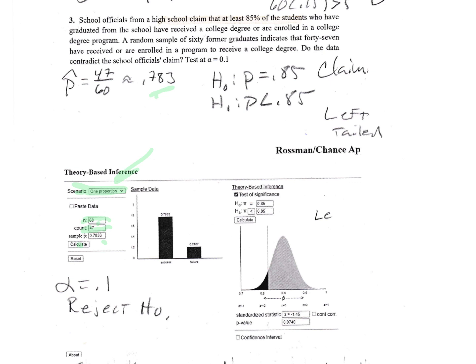Of course, we knew that. And then we set in the hypotheses that you set up, and then make sure it's left. And there's our test statistic. There's our p-value. They're saying test at the 10% level of significance, which is huge. So we're going to reject H0 because our p-value is less than our level of significance.